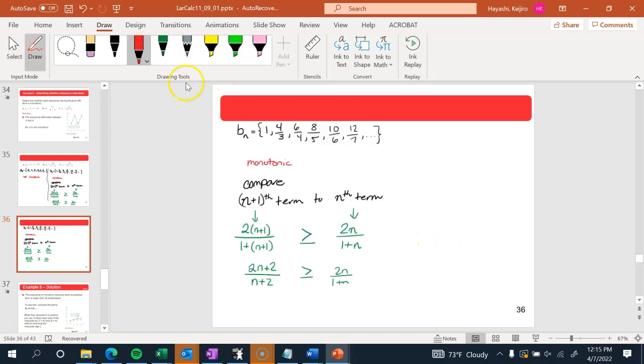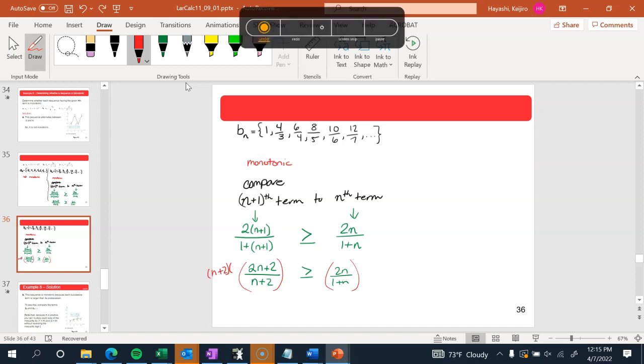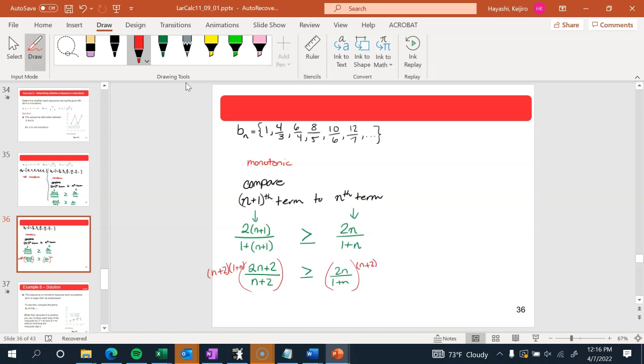Now to simplify this inequality a little bit, you can multiply both sides by the least common denominator, which is to say, multiply both sides by both n plus 2 and 1 plus n. And this should cancel out the n plus 2 on the left and the 1 plus n on the right.